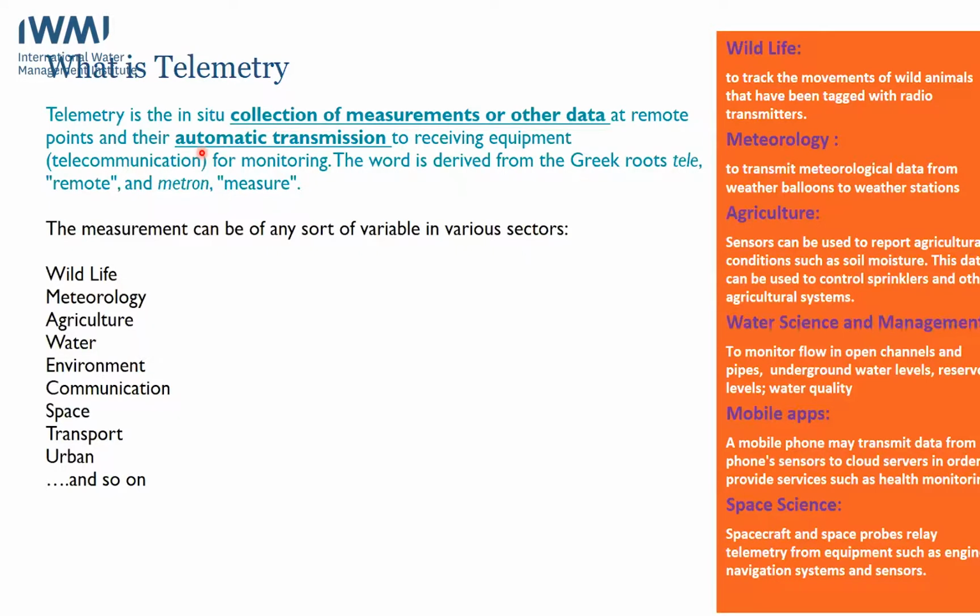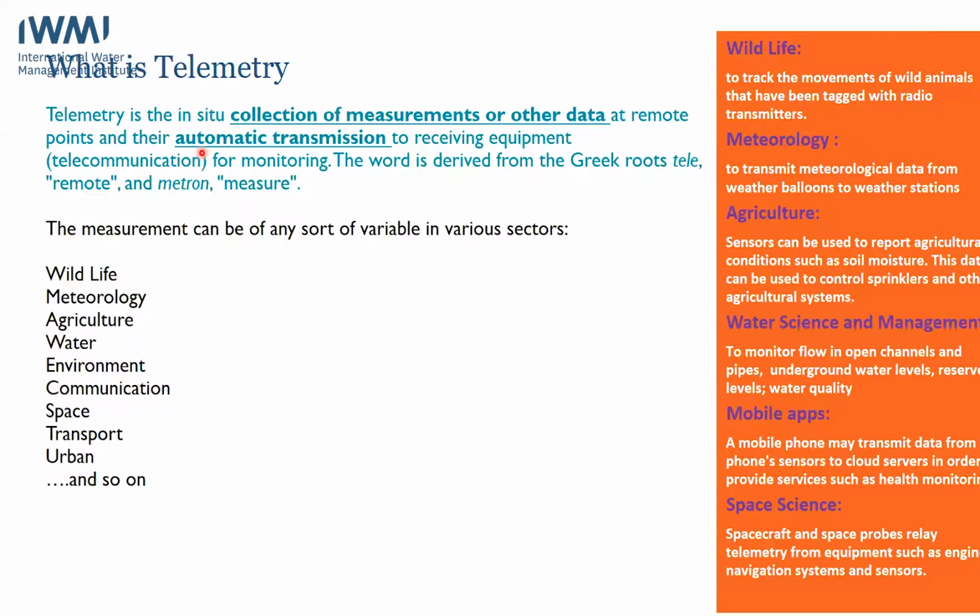One is the collection of measurements or other data, and second part is its automatic transmission to the collection points. I will cover during my presentation what technologies we are using for the collection of measurements and other data, and what technologies we are using for the transmission and dissemination of our results.